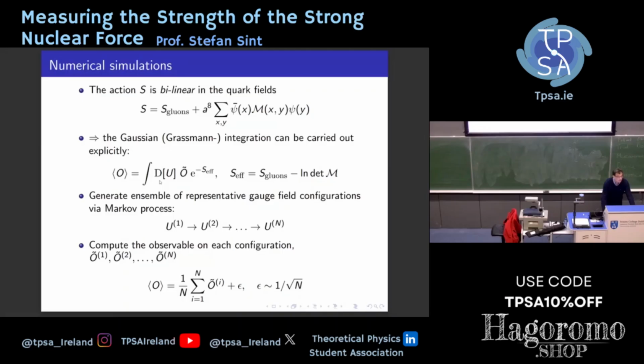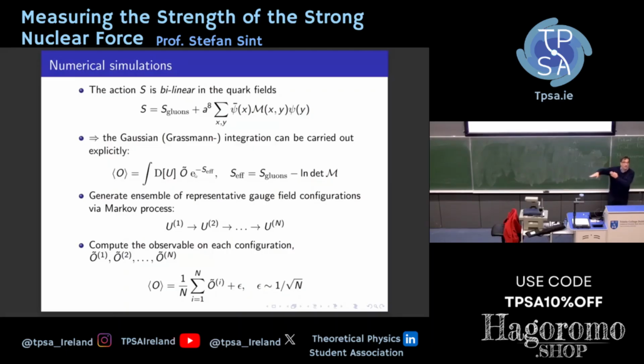That is the starting point for a numerical simulation. What you want to do is produce a sequence of gauge field configurations, where a gauge field configuration is an assignment of a gauge link to each link in the lattice. And you invent a process that moves in the probability space over these gauge configurations and will have as a fixed point distribution the desired e to the minus S effective.